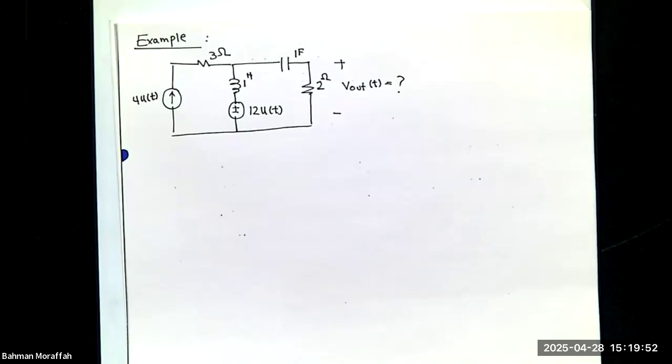How do we do the Laplace transform? We're going to replace every element by the S domain version of that element. But to be able to write down the S domain version of this inductor and this capacitor, what do I need? I need their initial conditions.